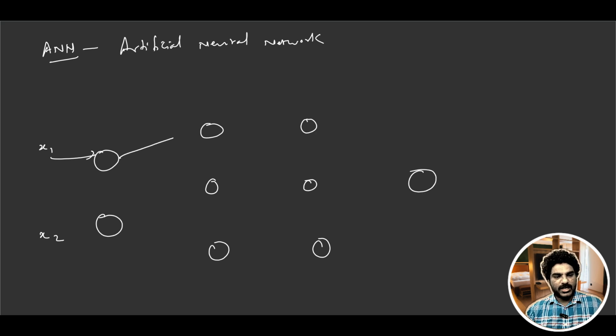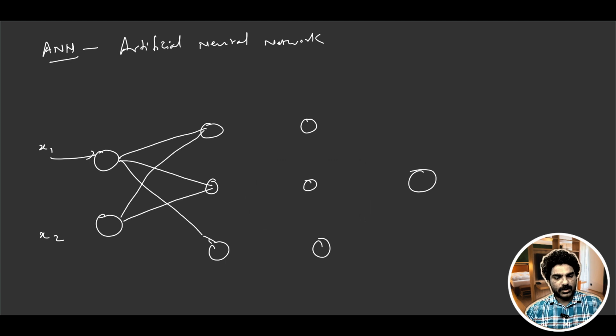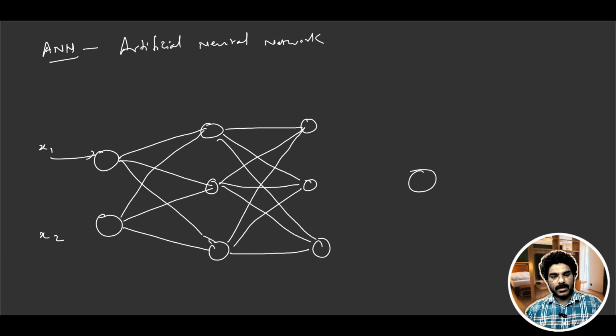Each of these inputs will be connected to the different neurons. Similarly, all the three connections will be connecting in parallel, and this will be the connection to the output layer.